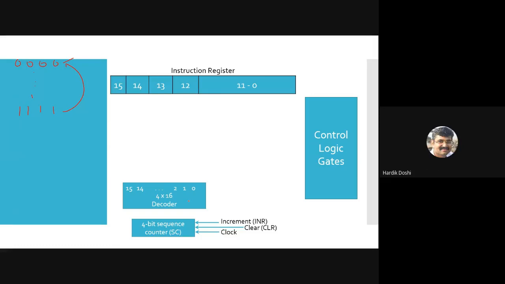No. It takes less input and gives more output. No, I cannot say it like that. 2 raised to n combinations. See, the decoder circuit size will always be n cross 2 raised to n.